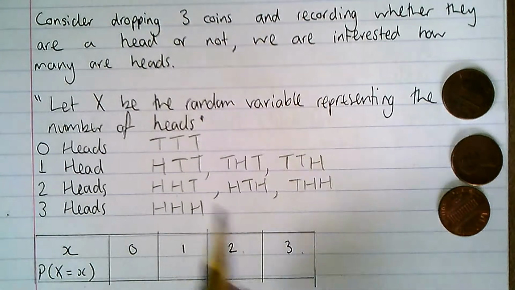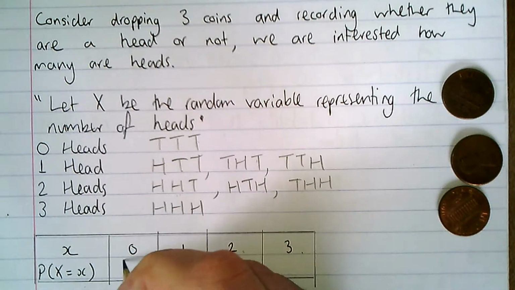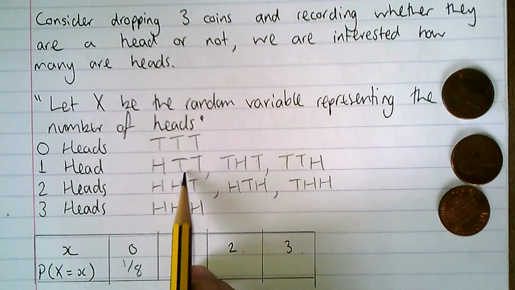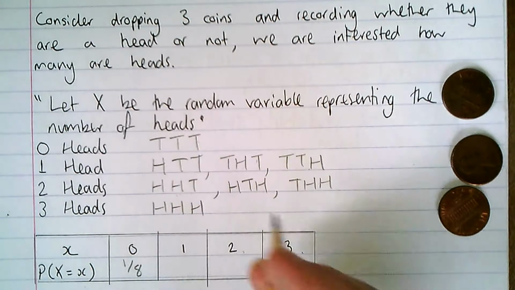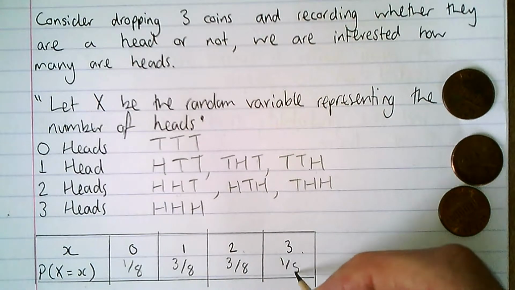So if we fill this in, here I've got 1 out of 1, 2, 3, 4, 5, 6, 7, 8. So here I've got 1 out of 8, that's my probability for getting no heads. For getting 1 head, there are 3 options out of the 8 in total, so that's 3 out of 8. Similarly for 2 heads, it's 3 out of 8. And then for 3 heads, again, it's 1 out of 8.